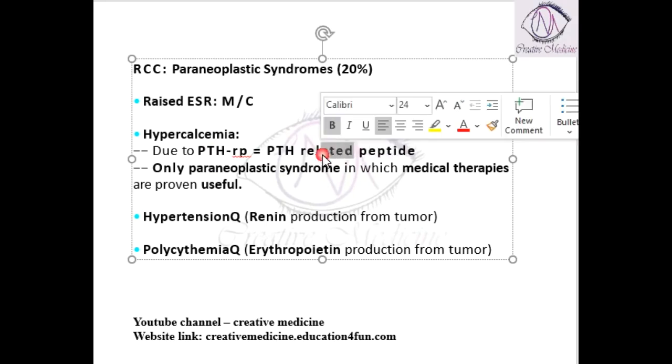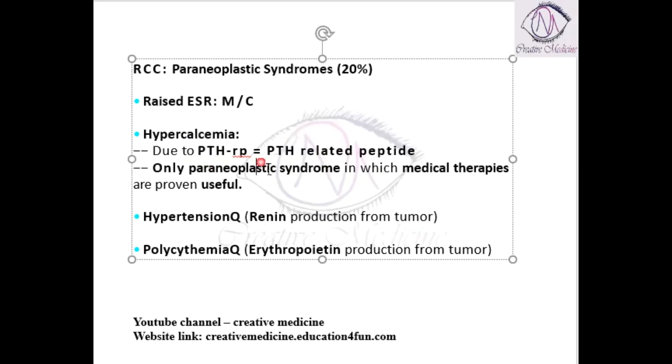This parathormone related peptide will act almost similar to the parathormone. Parathormone causes increased absorption of calcium from the kidney and from the GIT, thus causing hypercalcemia. So this hypercalcemia is a manifestation of a parathormone related peptide released by the renal cell carcinoma as part of paraneoplastic syndrome.